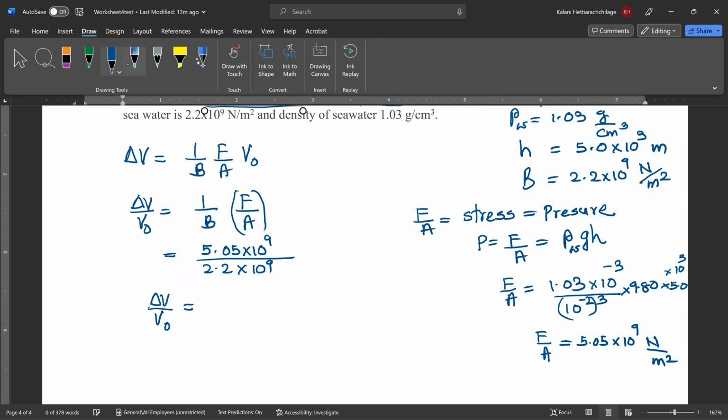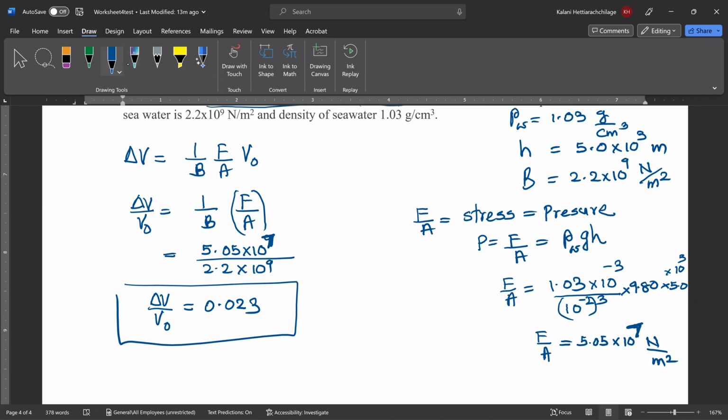Okay, it seems to me this is 10 to the power 7, not 9, because otherwise it would be a greater value than expected. This is 7, okay, and this value I have is 0.023. Okay, that's it for this worksheet.